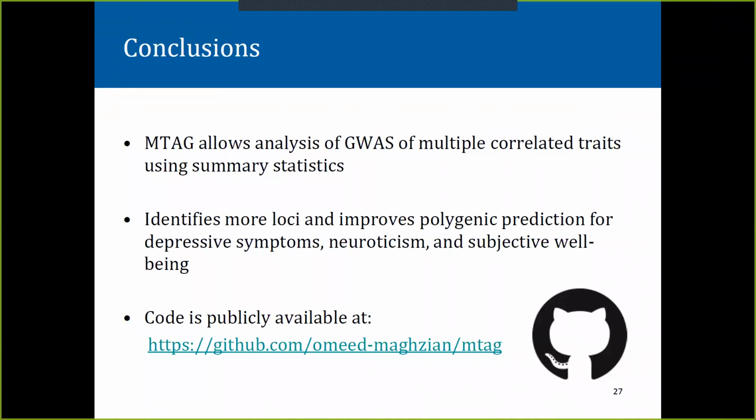I was wondering, is there anything you can learn more specifically about where the genetic overlap is by comparing the change in the betas between the standard GWAS and then the MTAG GWAS? Does that tell you anything more than genetic correlation does? Yeah, that's an interesting question. In principle, you could do that, and we've thought about it. MTAG's not really well designed for that sort of thing because it's built on this model.